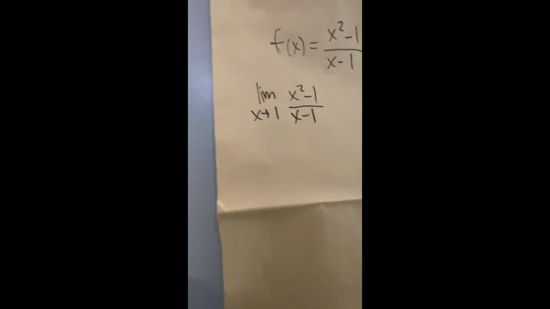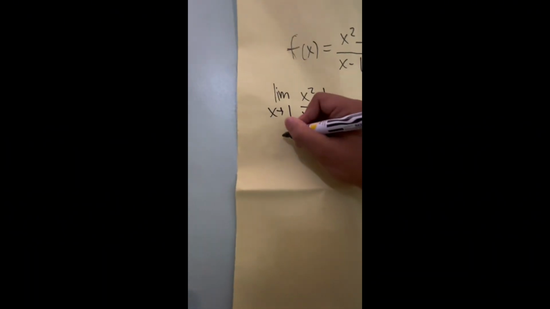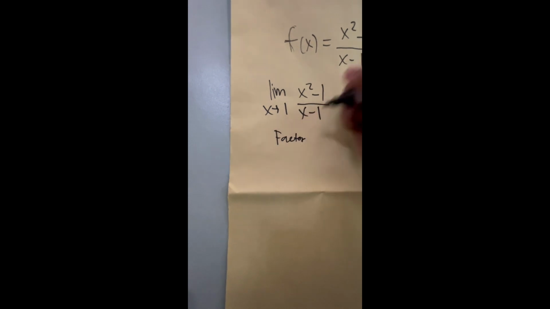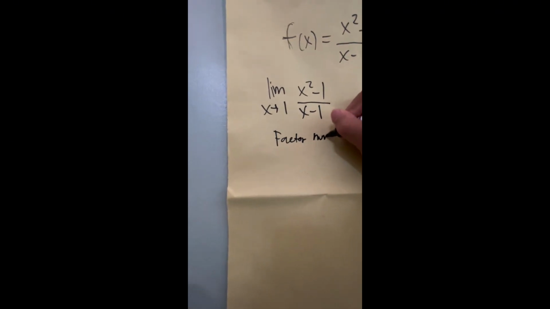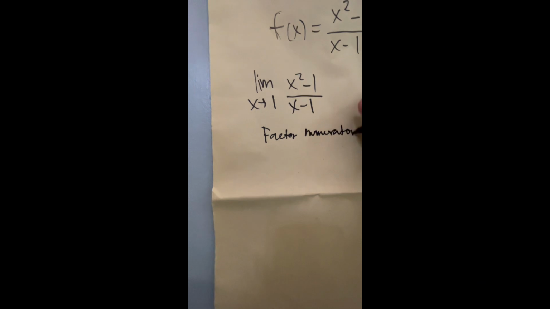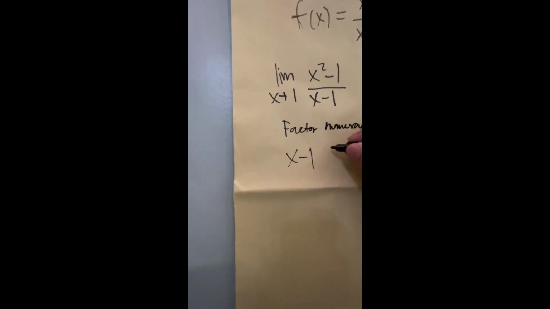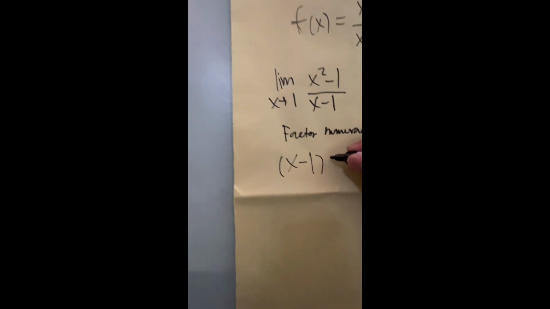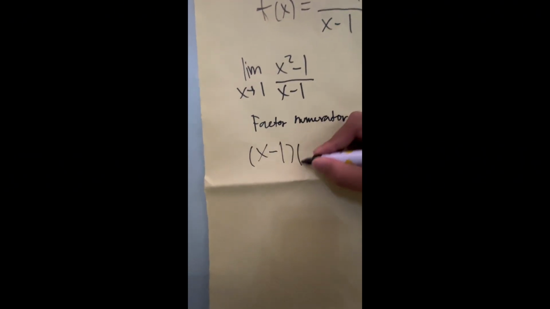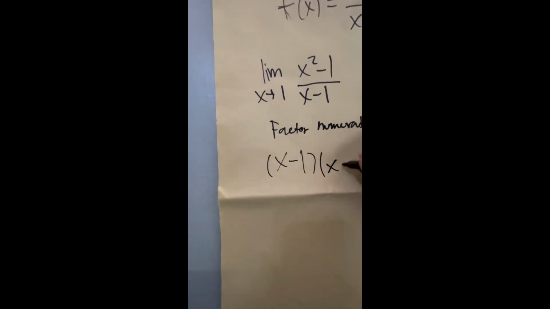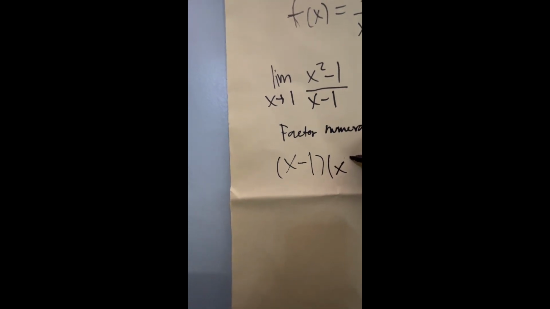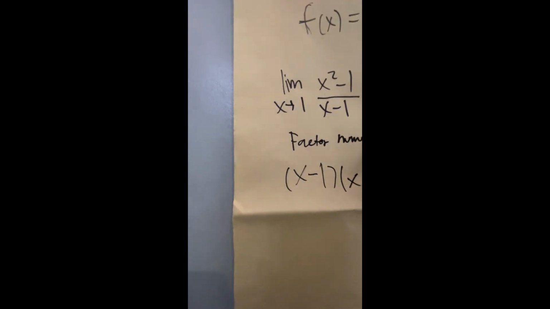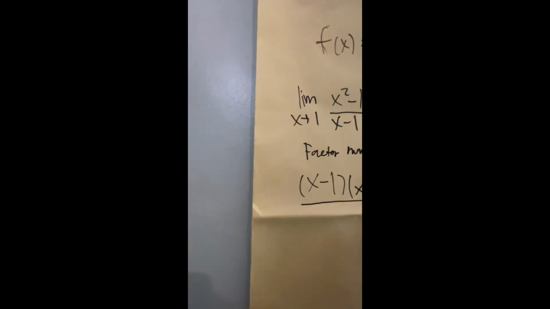So let's factor the numerator: x minus 1 times x plus 1, all over x minus 1.